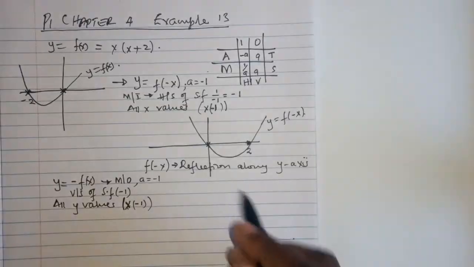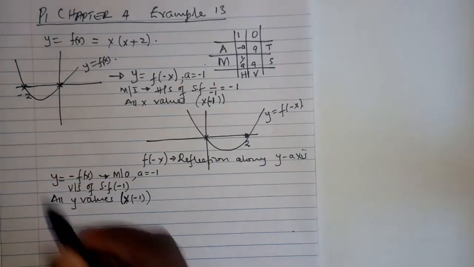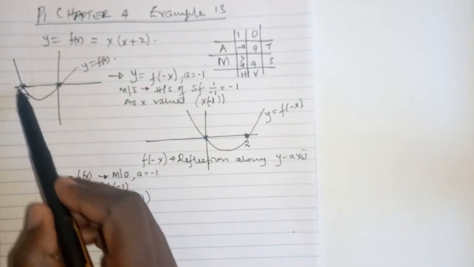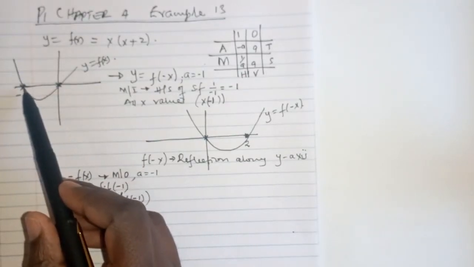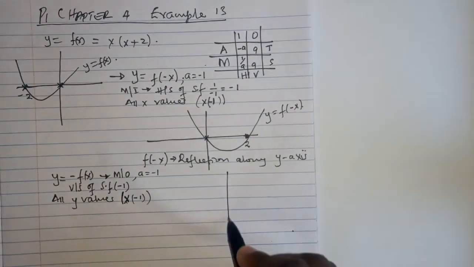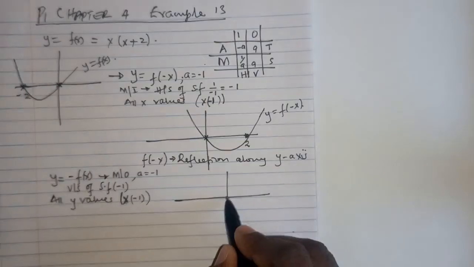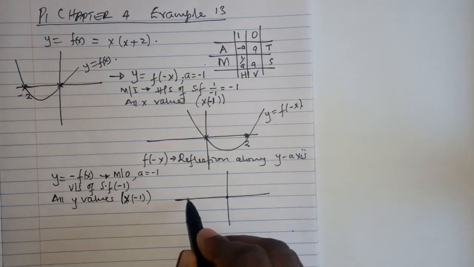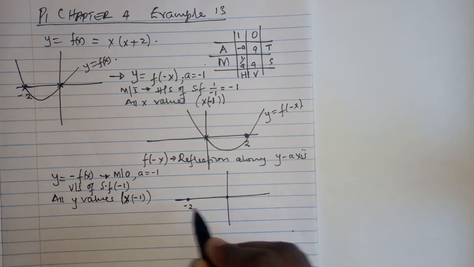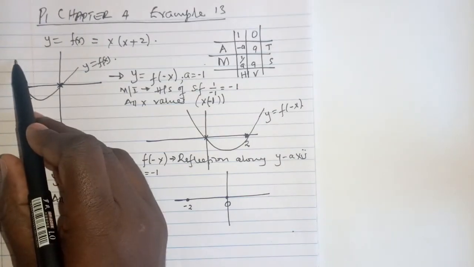So what kind of graph now do we acquire? You can already see that our original graph was this. Y here was 0, y here was 0. The same kind of values will be maintained because 0 times anything remains 0. So it's going to pass through negative 2 and 0. But y here was positive.